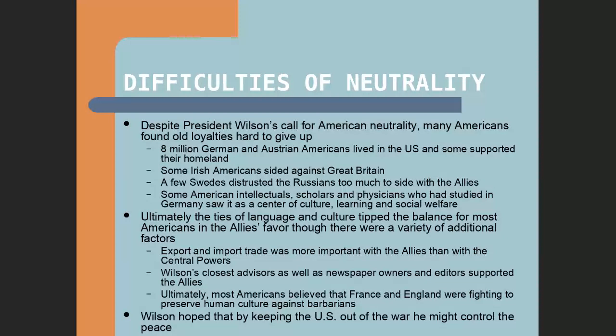And at home, though, remember, we've had a lot of immigration in the late 1800s and early 1900s. We've got about 8 million people from Germany and Austria who naturally are inclined to support their side of the war. Whereas we also have a lot of Italian immigrants.